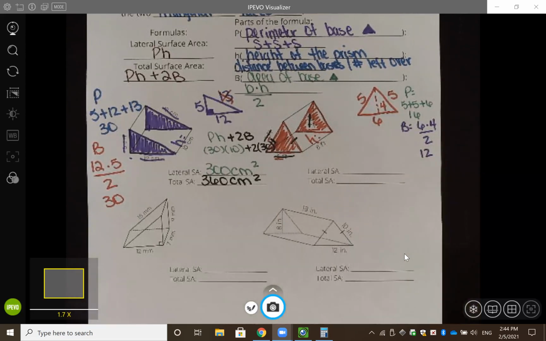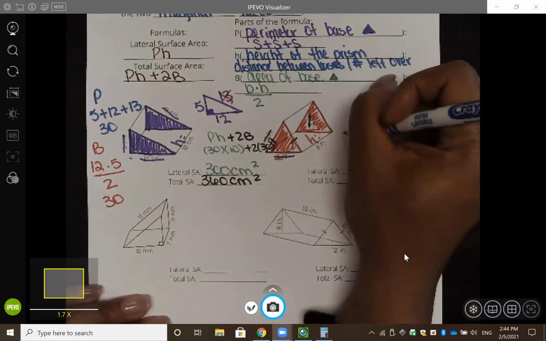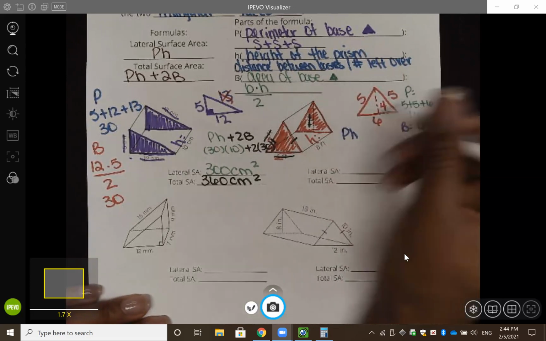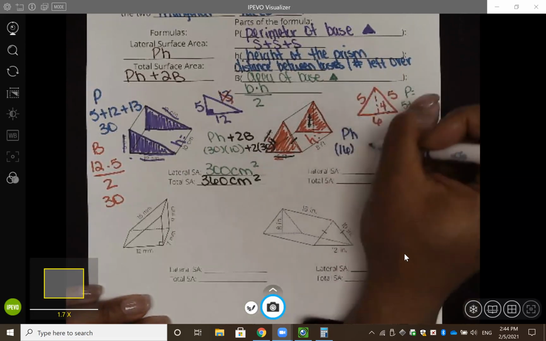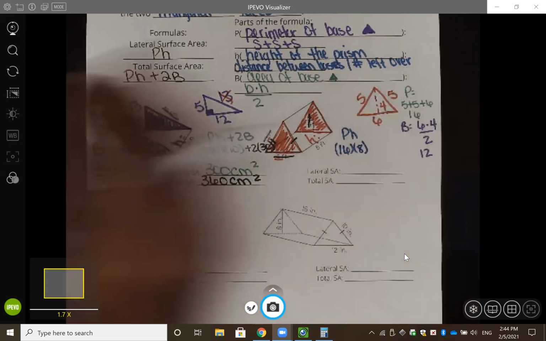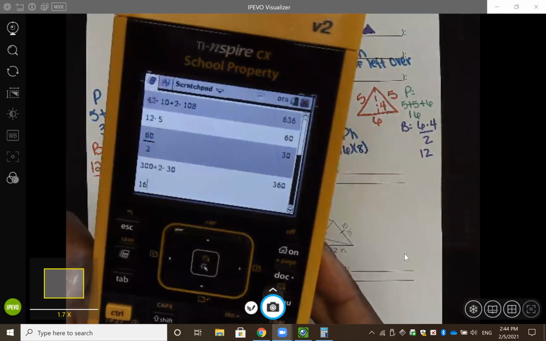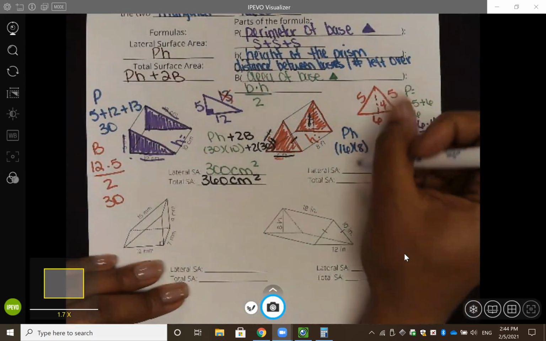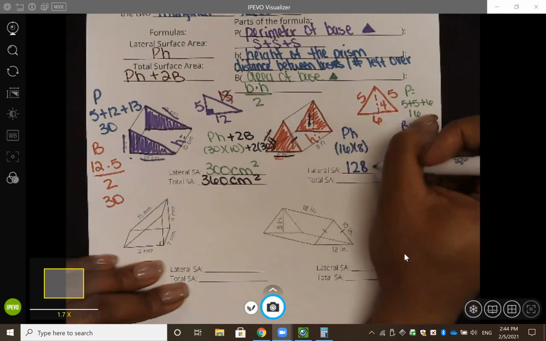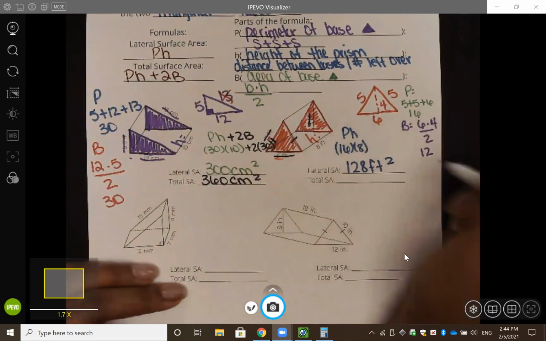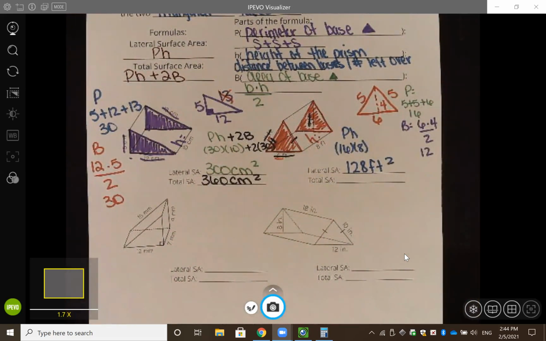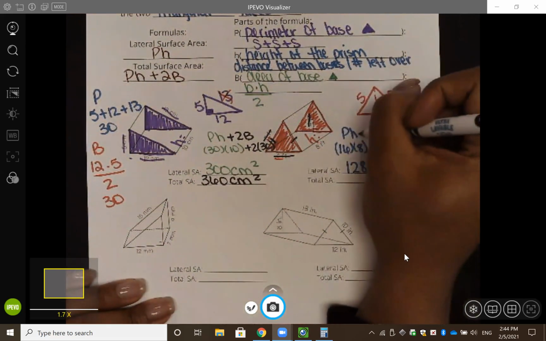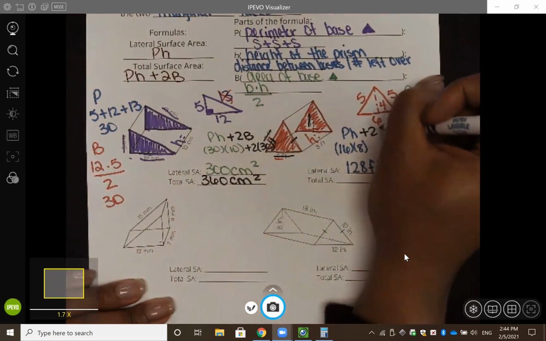Okay. So for lateral surface area, it is PH. My perimeter was 16 times my height of 8. 16 times 8 is 128. So my lateral surface area is 128 feet squared. And then my total surface area, after the PH, I'm going to add my 2B.